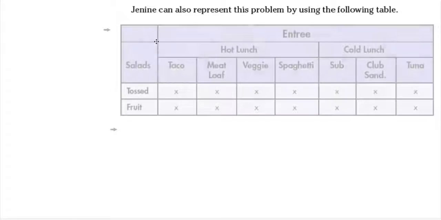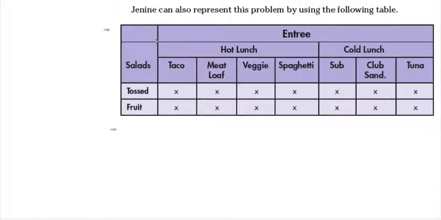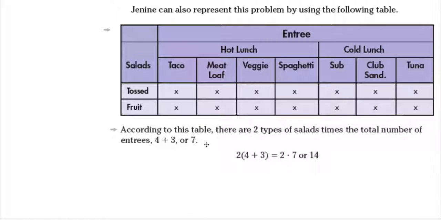Janine can also represent the problem by using the following table. If you look at that table, you now have your entree, and hot lunch and cold lunch have been combined in one table. Tossed and fruit as well. According to this table, there are 2 types of salads times the total number of entrees, 4 plus 3, or 7.